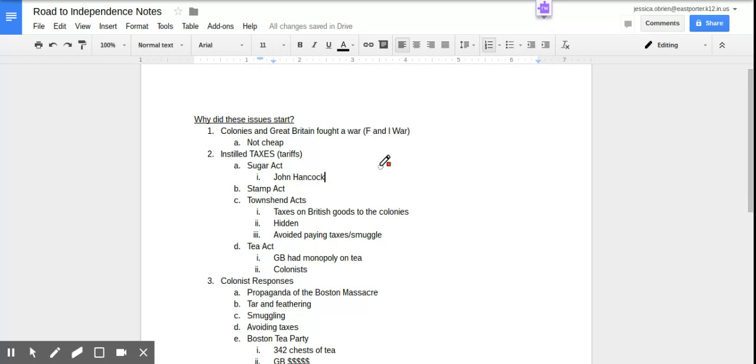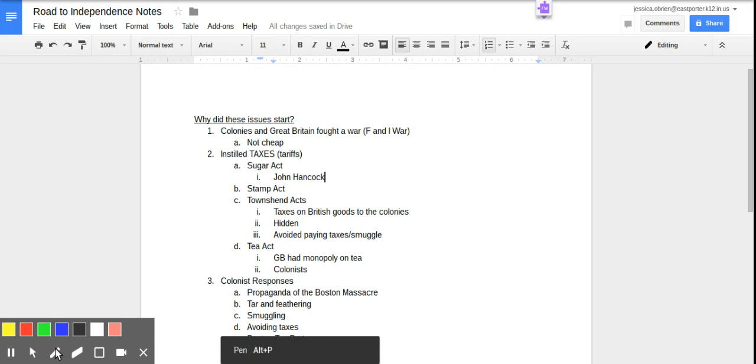Later on down the road, these taxes started to be instilled in the colonists, and the colonists were like, whoa, hold up now, wait a second. Why are we being taxed when you wanted to fight the war, right?